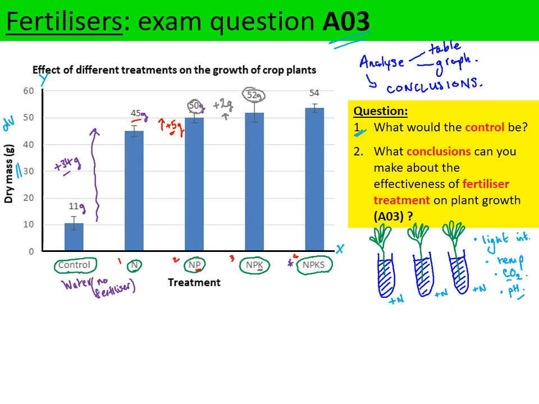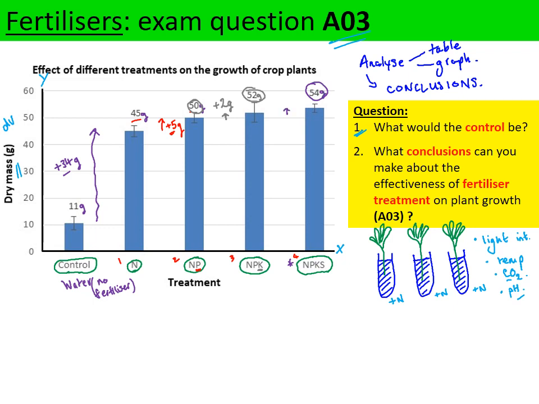And we can also work out the effect of sulfur on plant growth. So treatment number 3 is N, P, and K. Treatment number 4 is N, P, and K plus sulfur. And that gives us from 52 grams up to 54 grams.